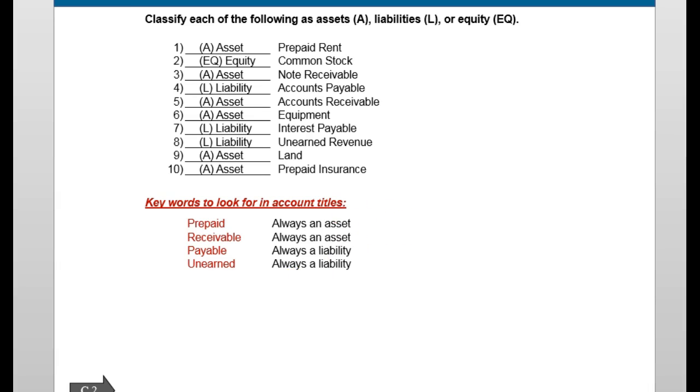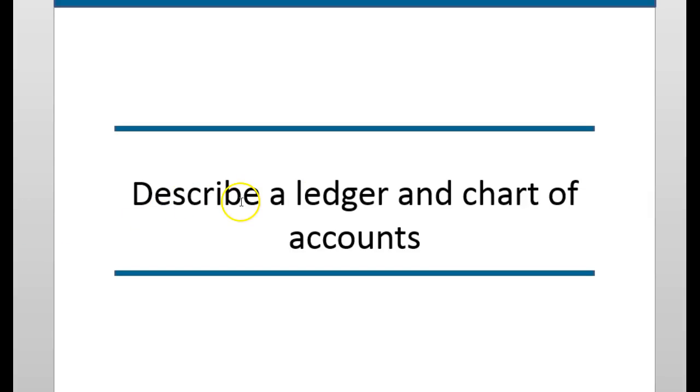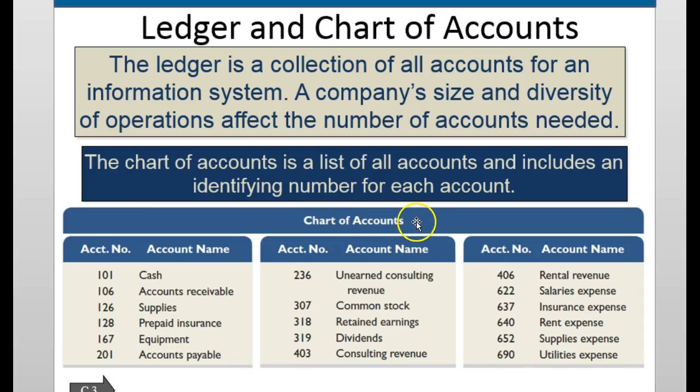So let's move down, and we're going to look at the ledger and chart of accounts. I'm not done much with this, but remember how I said that you could probably tell what an account was by the number in front of it? And I talked about ones and 100s and 1,000 and 10,000. Well, let's kind of look at this a little bit closer.